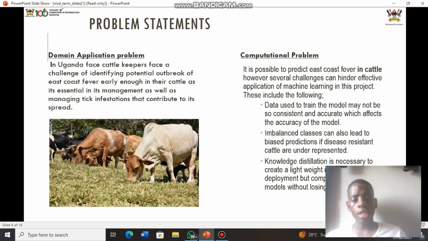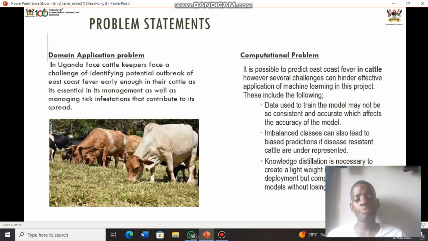For example, the data set we got was imbalanced, so it required balancing. But during the balancing, some of the fields were removed to make sure that the data is balanced and we avoid bias in the model. This makes the data set smaller, which reduces the accuracy of the model trained on it.